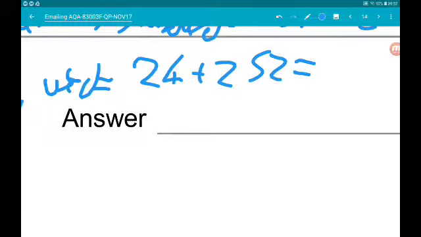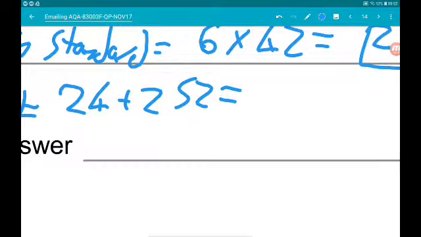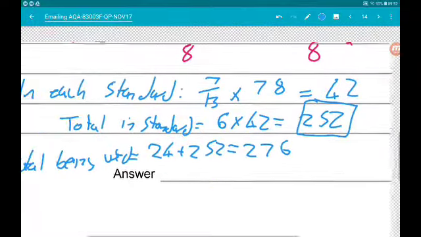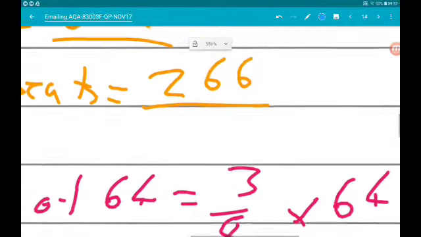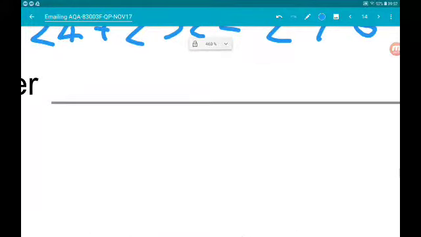Now that gives us 276. Now that is greater than half of the seats, which is 266. So the answer is yes.